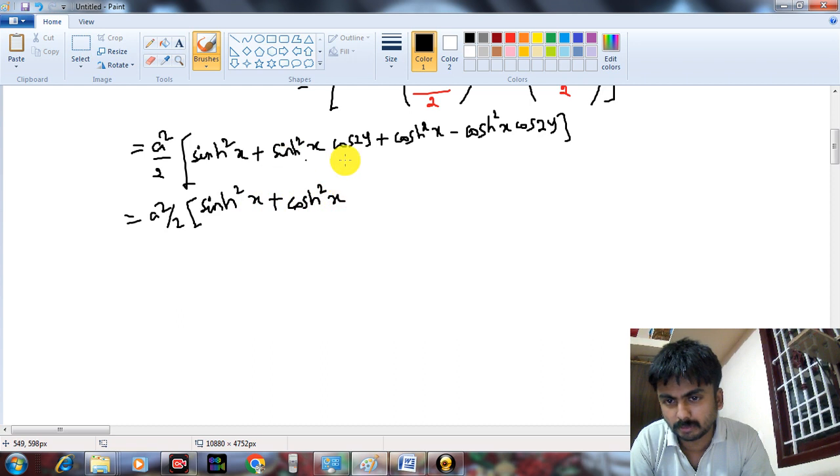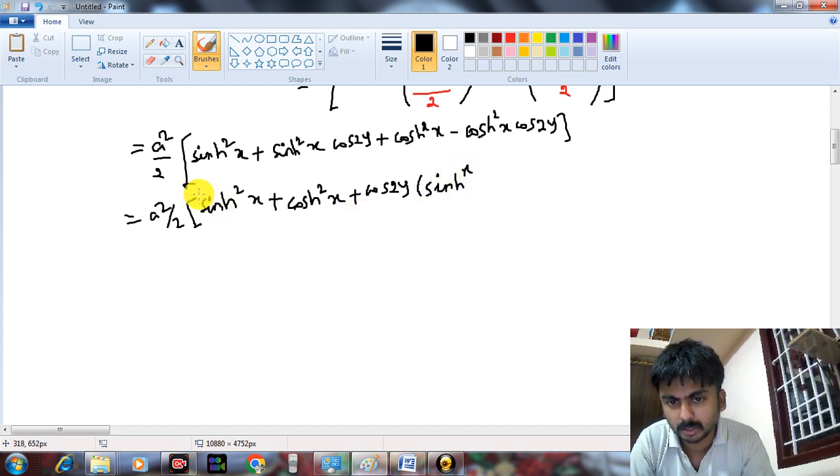Then from these two we can take cos 2y common outside, plus cos 2y of sin h square x.